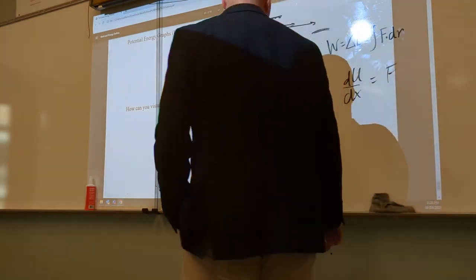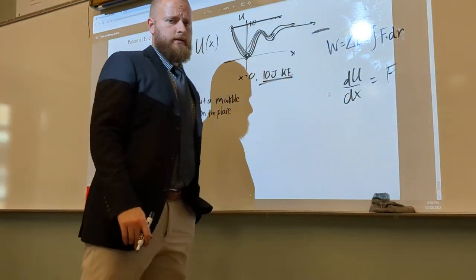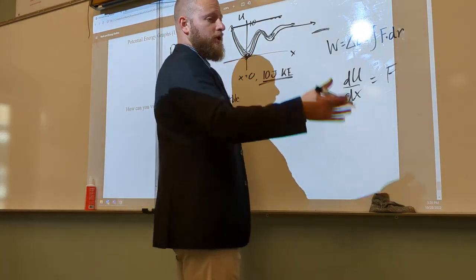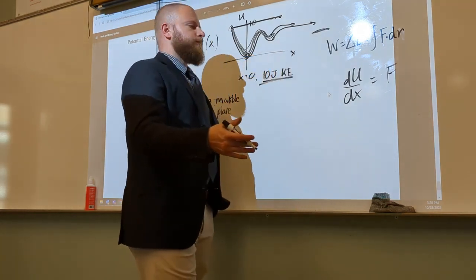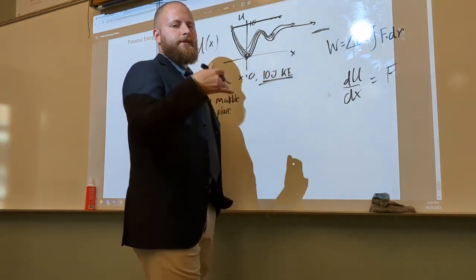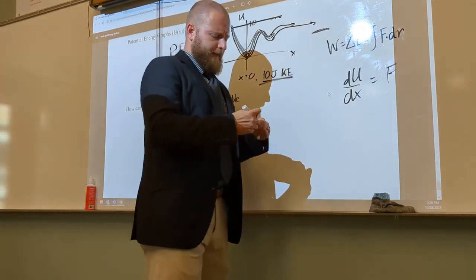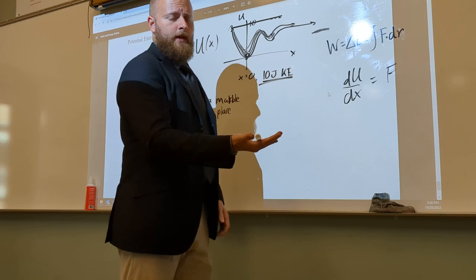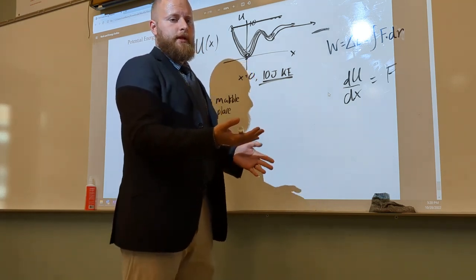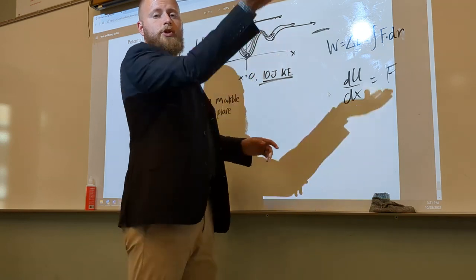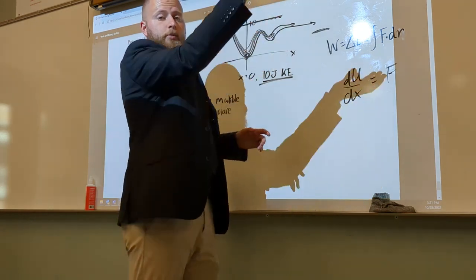Now there's one caveat to this. When the potential energy increases, the force is actually in the opposite direction. What do I mean by that? Well, if I have this marker and I want to increase its gravitational potential energy, it needs to go up, right? I need to push it up.